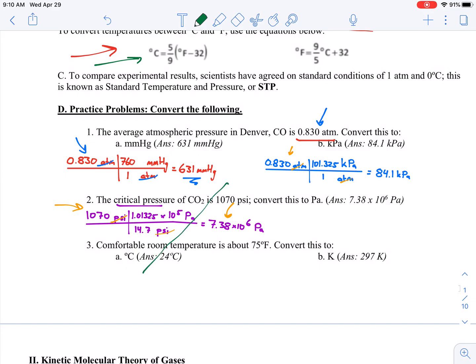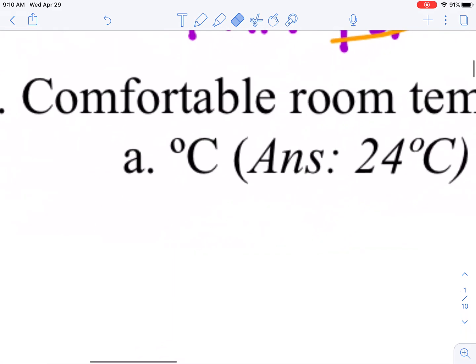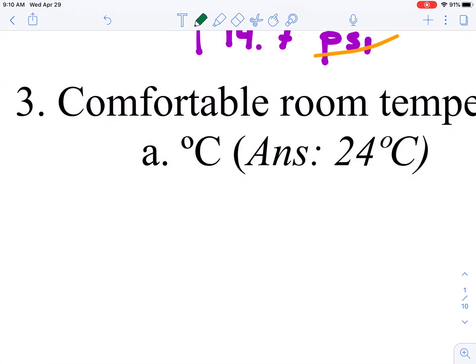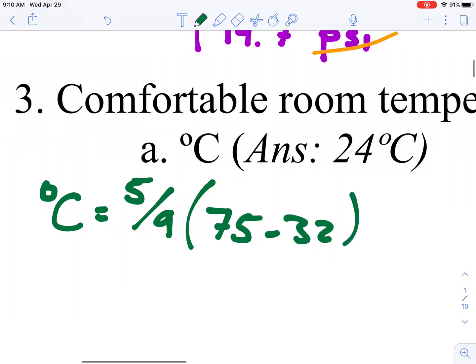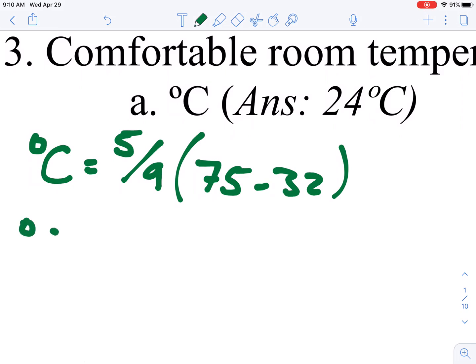So if we plug in our Fahrenheit temperature, we will get the following, right? We'll get degrees Celsius is equal to 5/9 times our Fahrenheit temperature, which is 75, minus 32. That'll become degrees Celsius is equal to 5/9 times 43.